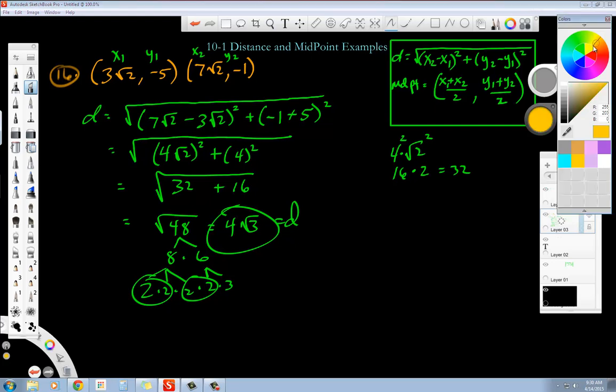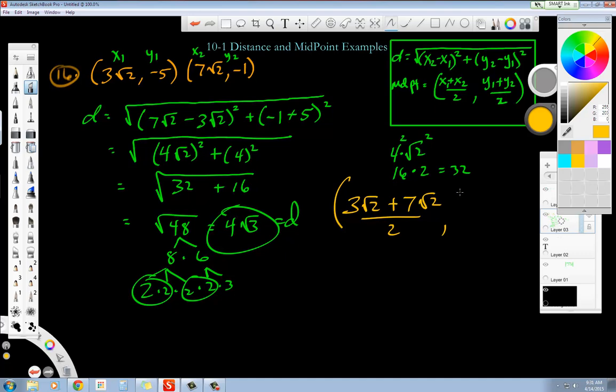Now, for midpoint, I'll do that in an orangey color here. We're going to do the midpoint. And we're going to do x1 plus x2 over 2, which is 3 radical 2 plus 7 radical 2 over 2, comma, y1 plus y2 over 2.